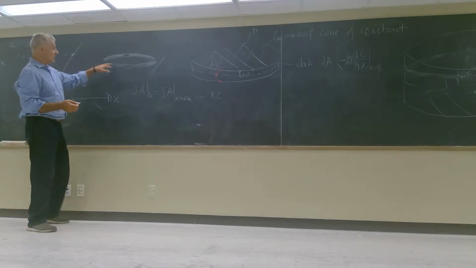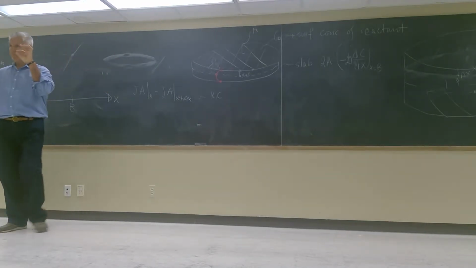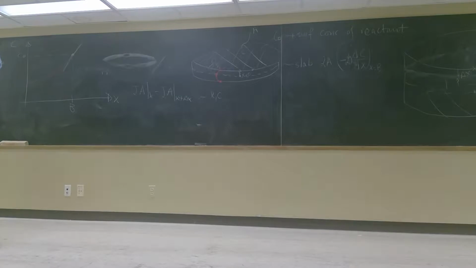In other words, we want to know, in this thin slice of the coin, an infinitesimally thin slice, how many moles of reactant are disappearing per second? If we know the rate of reaction, which is k1 times C, in terms of moles per second per cubic centimeter, what do we have to multiply by?